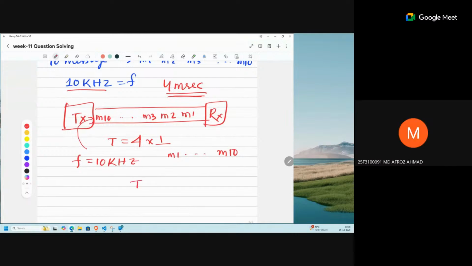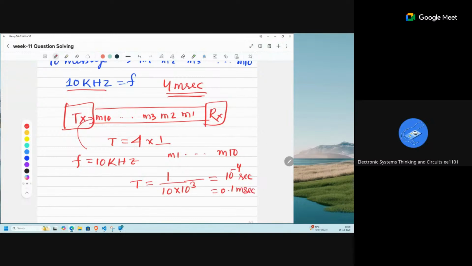What is the formula you say so that all can follow? T is equal to 1 upon F. So 1 divided by 10 to the power 4, giving 10 to the power minus 4 second. It will be 0.1 millisecond. This is the total time you got.